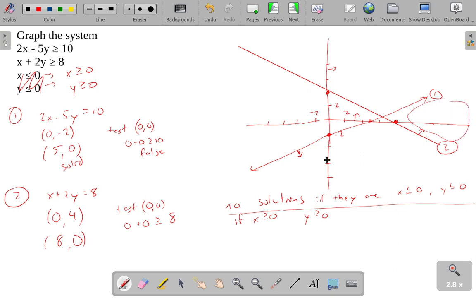X being greater than or equal to 0 means we're to the right of the y-axis, which includes all of this stuff. But y being greater than or equal to 0 actually keeps us down to this region right here. So that's the region that will actually make all 4 of these inequalities true. And that's what I would shade here.